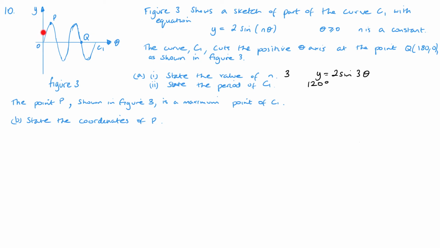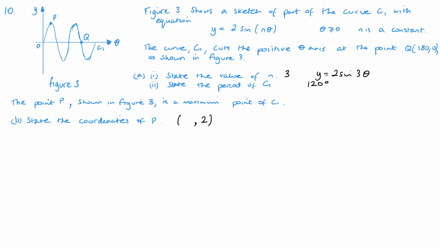It's normally between 1 and -1, so it's going to be between 2 and -2. So P is going to have a height of 2. Now what we need to do is work out its x value, its theta value in this case, the horizontal bit.